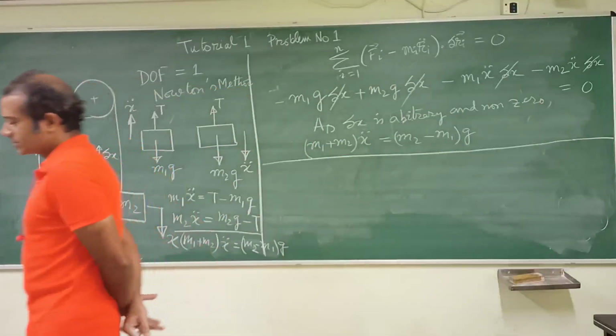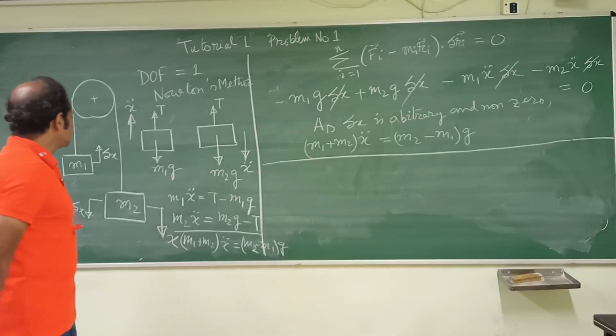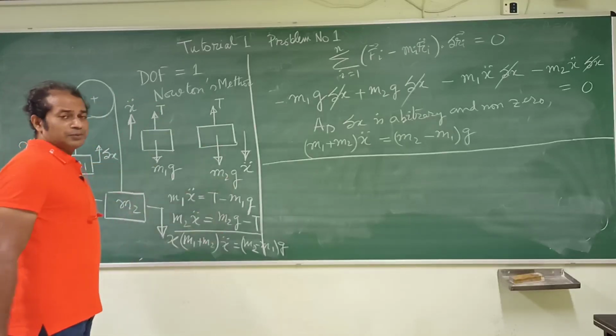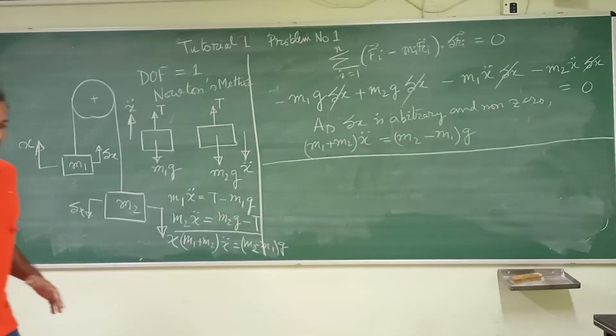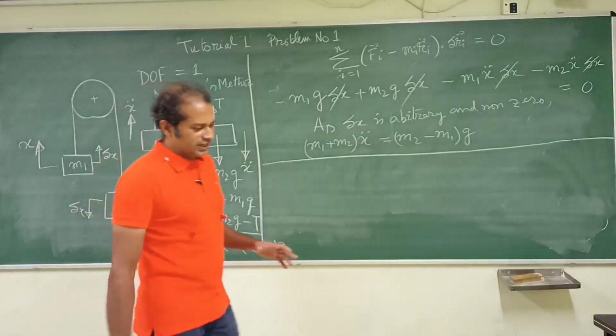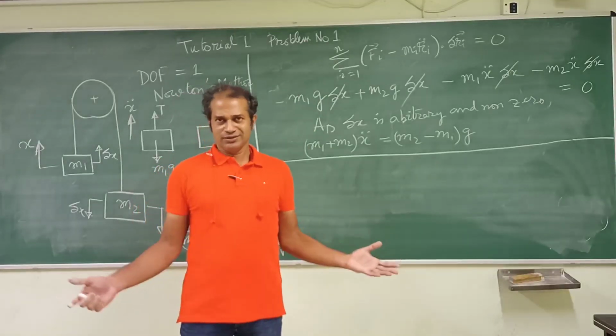Now, is there any other method through which I can solve in one step? Yeah, of course there is. First thing is, there are many. Please note that. In this course, we will be mostly studying 3-4 such methods, but there are many.